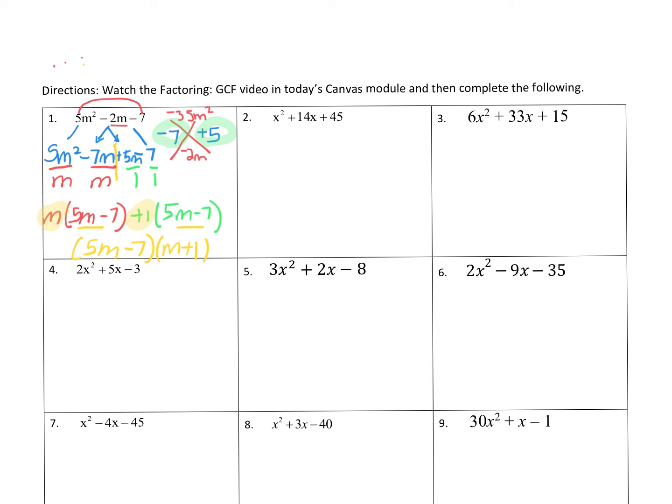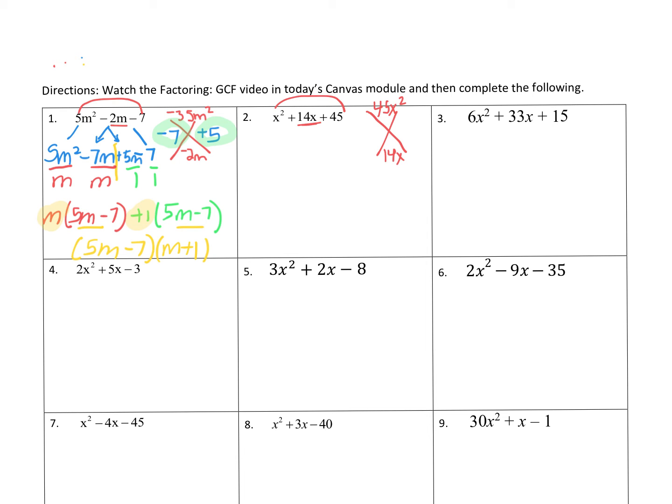Okay. If we look at number 2, the first thing I do is look all the way across to see if there is a GCF. There is not. So I'm going to multiply the A term times the C term. And that is going to give us a positive 45x squared. And then the B term goes here.